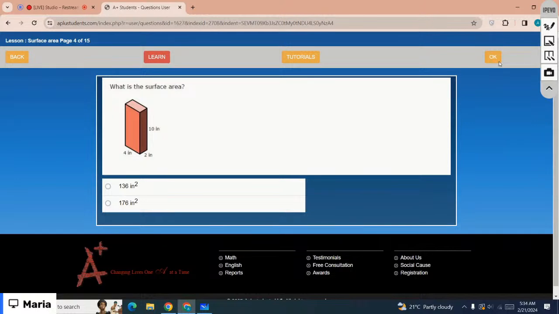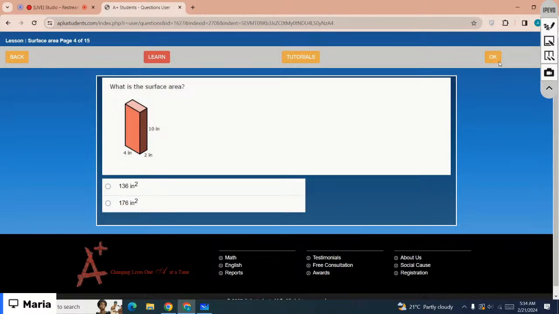Which is the correct option? That is 136 inches square.